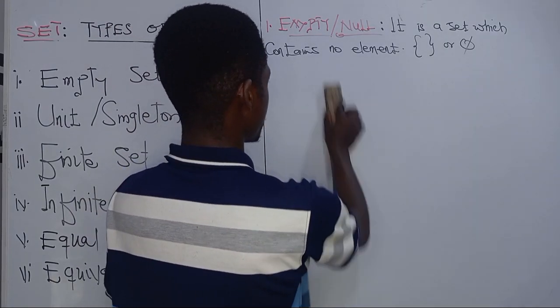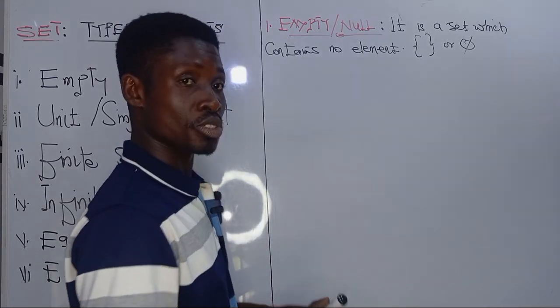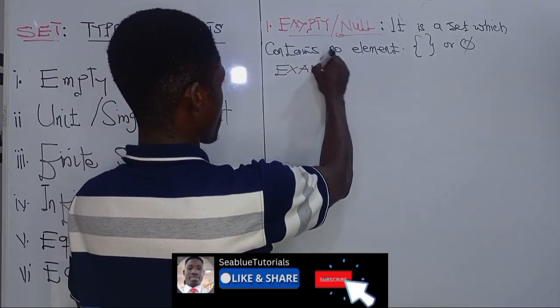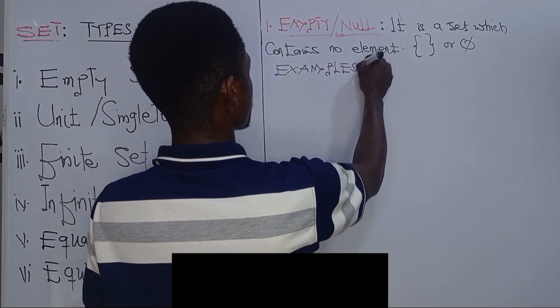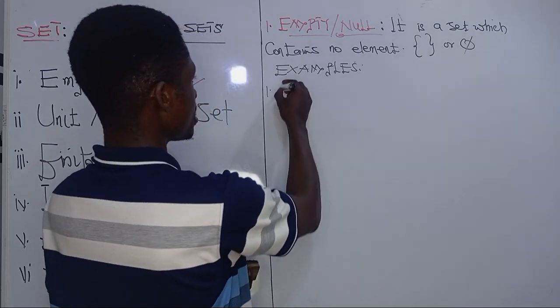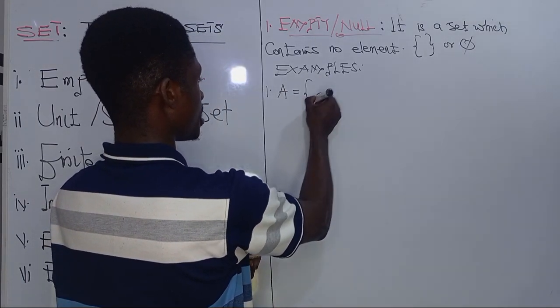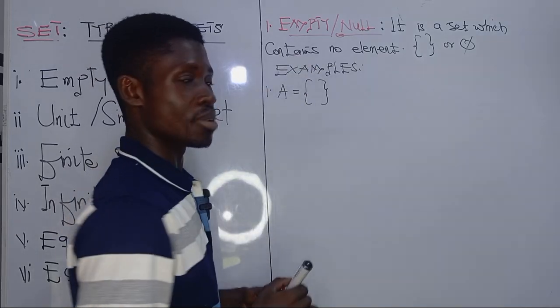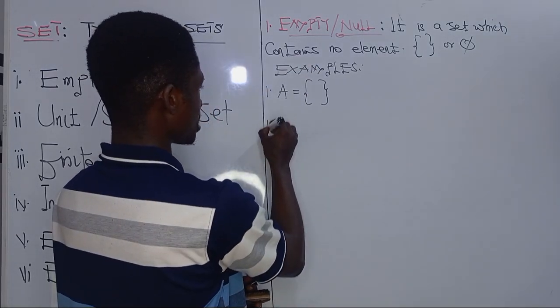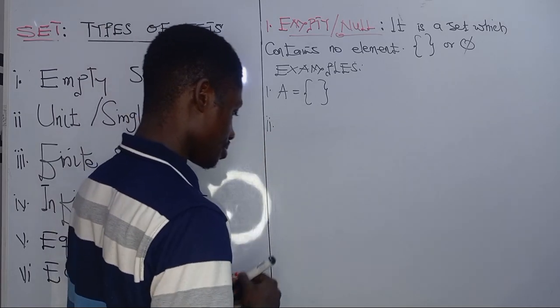Now let's look at examples of an empty set. Under the examples of an empty set, we can talk of, let's say you have a set A, and then this set A contains no element. So this is an example of an empty set. We can also look at this type of set.